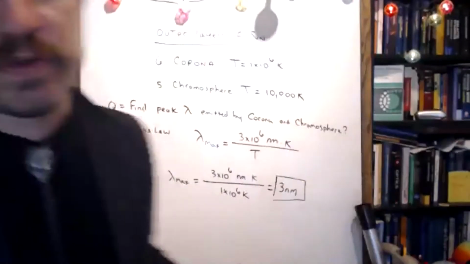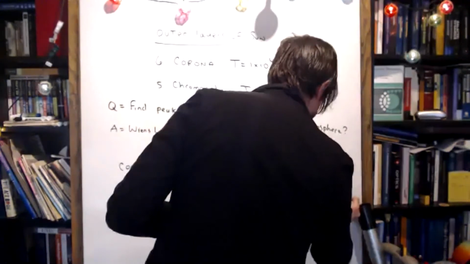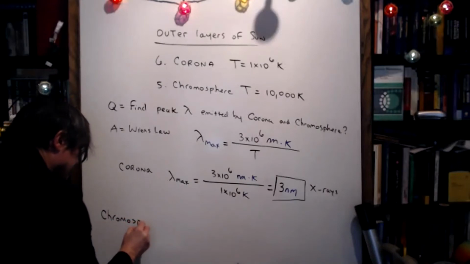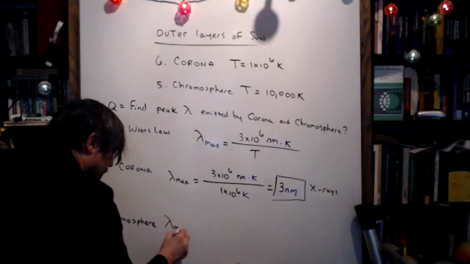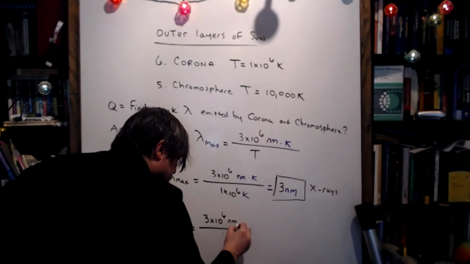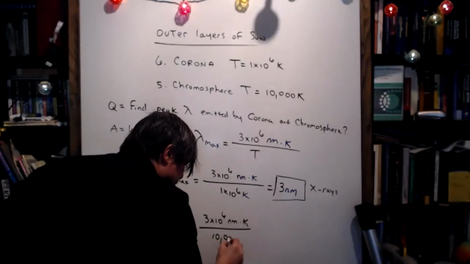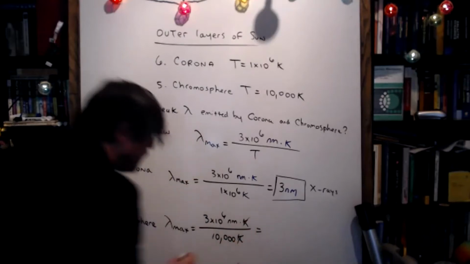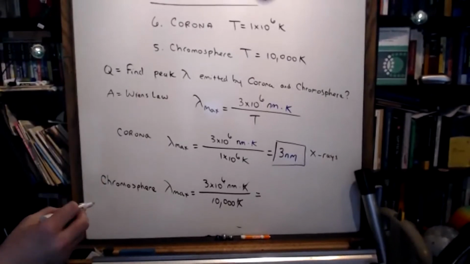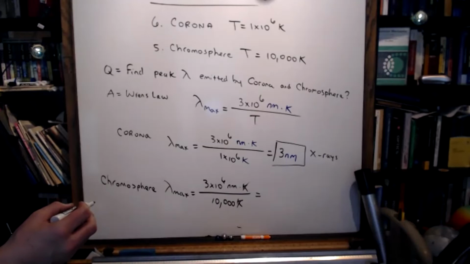Let's now do it for the chromosphere. So this is X-ray light. Make sure you write that down. Chromosphere, divided by 10,000 Kelvin. What do you get? 300 nanometers.